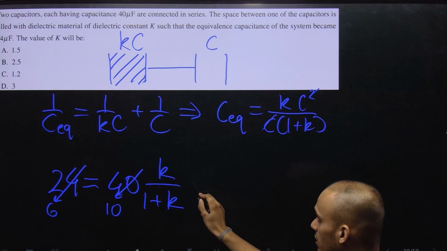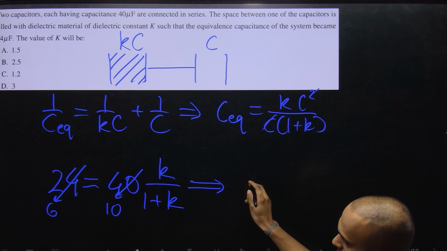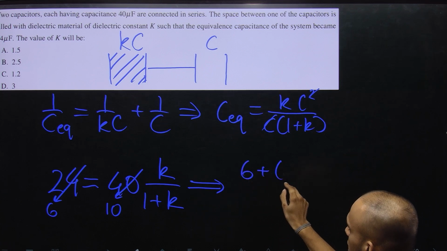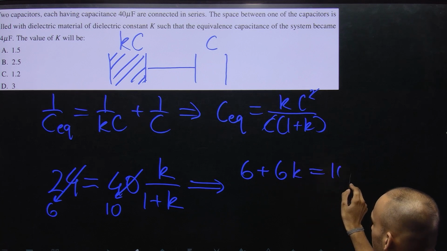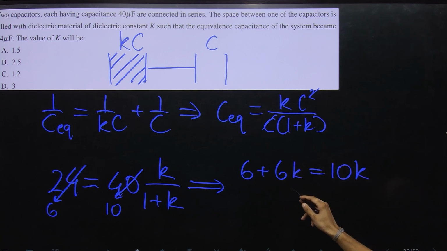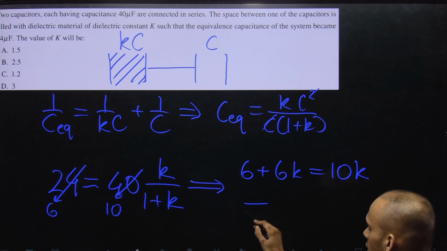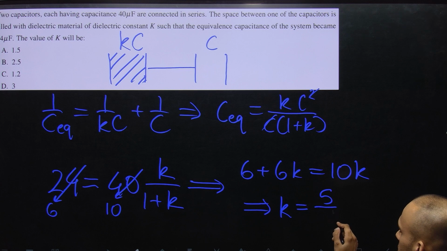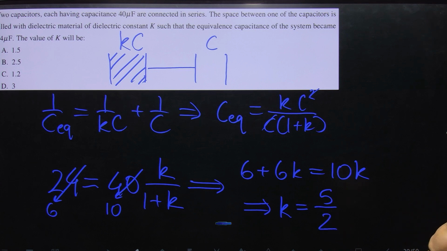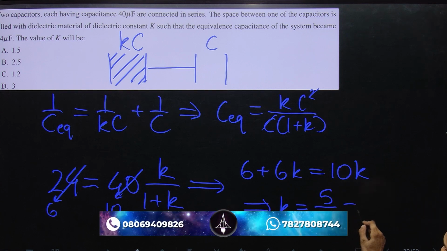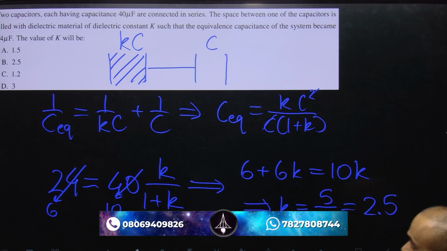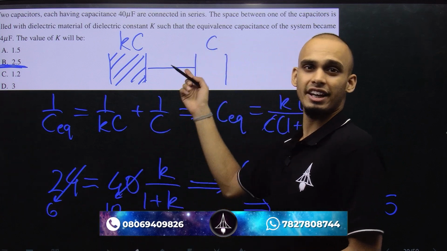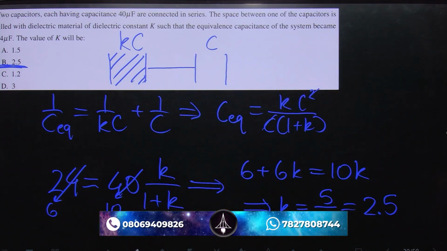We can get an equation for K here: 6 plus 6K should be equal to 10K. We get 4K equal to 10. So K is equal to 10 by 4, that is 5 by 2, or 2.5, is the dielectric constant, which matches option B. Again, very, very easy, just a combination of capacitors you have to do.